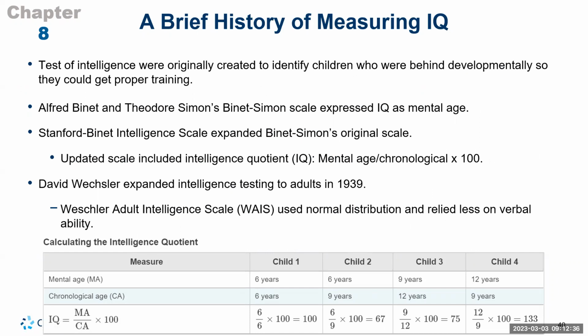So they were looking at a child, they were giving these tests, and they were looking at their developmental intelligence, okay? So they would give the children a test. They had a test for what they should be doing, and then they would give them a test to see if they are matching age-wise where they're supposed to be, right? And so they were looking, especially for those who are in special education.